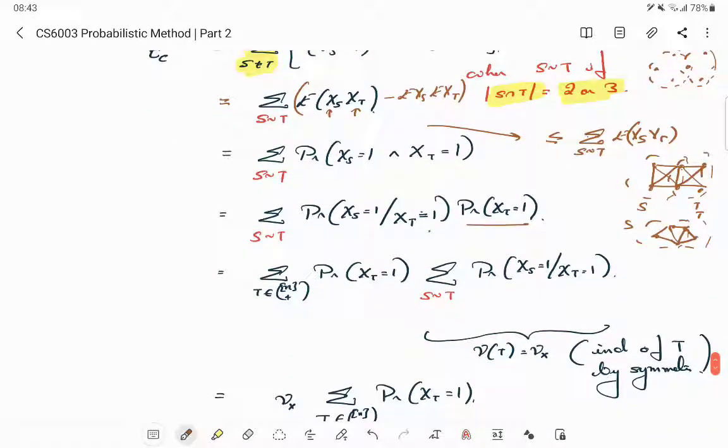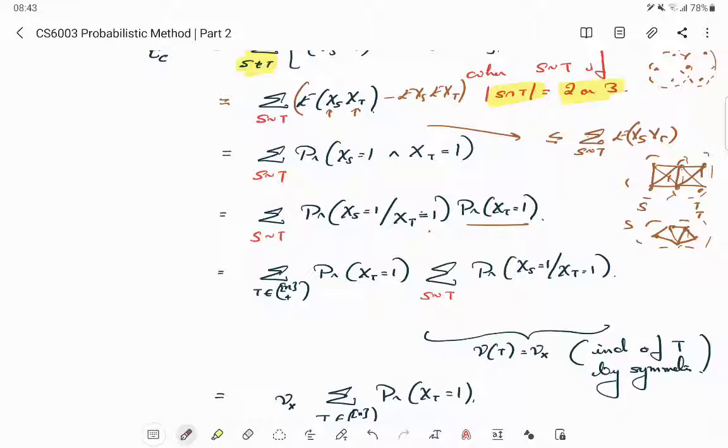Now we are going to make use of a symmetry argument. Look at this inner summation, probability that x_s is equal to 1 given x_t equal to 1. Here s is a running, summing variable, but on the face of it, this looks like it depends on t. In a general context, if you write x as a sum of variables, it will depend on t.